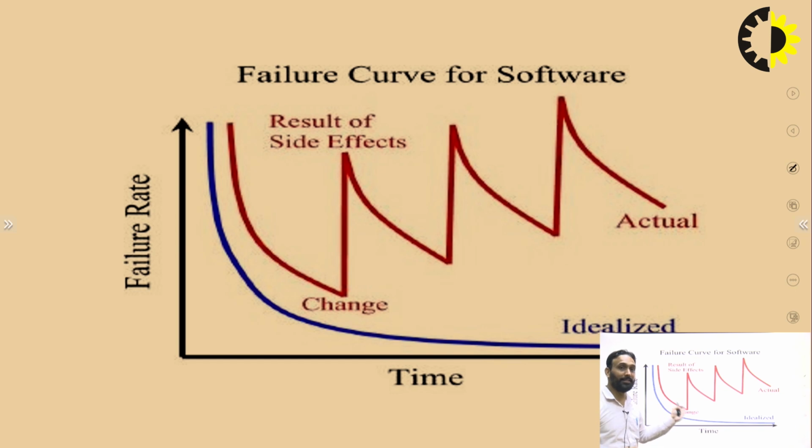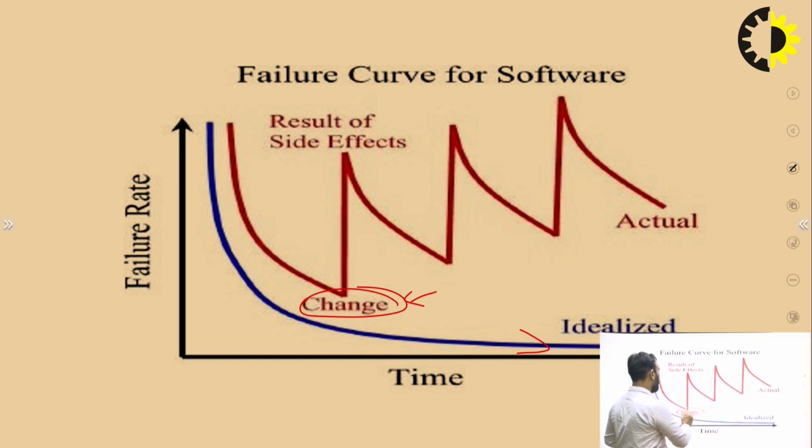The actual curve is like this, because in an ideal case we thought the failure rate will decrease, that is fine. But in today's dynamic world, the technology and the environment change rapidly. To adapt to the environment, changes are required in the software. So when there is a change in technology in terms of platform or data storage, the concerned software will be updated or deployed on a new hardware configuration or a new machine.